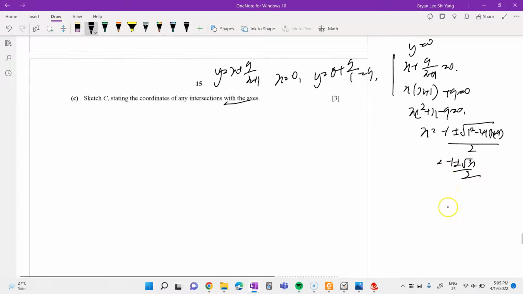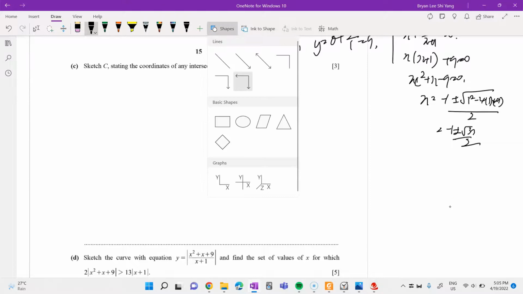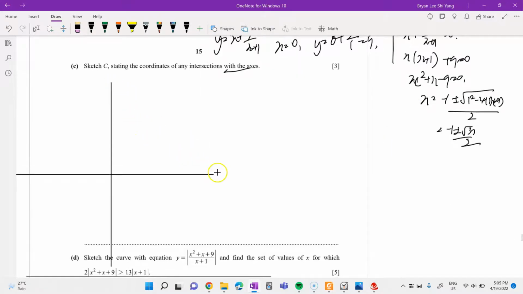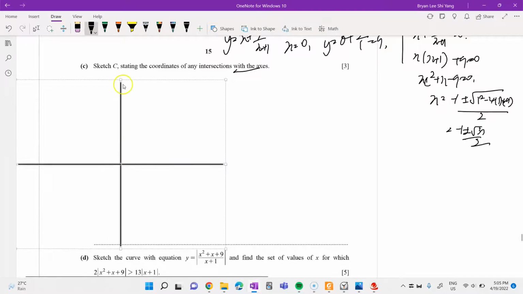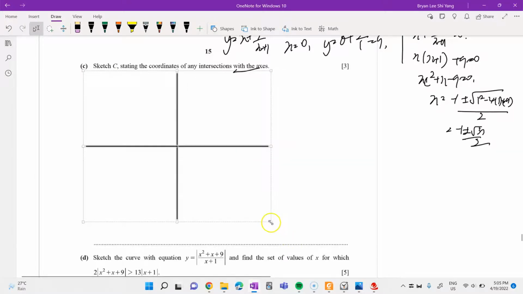Okay, sketch C stating the coordinates of any intersections with the axes. Okay, we have this first, since I have Microsoft OneNote, why not? Then I'll be moving this, right?